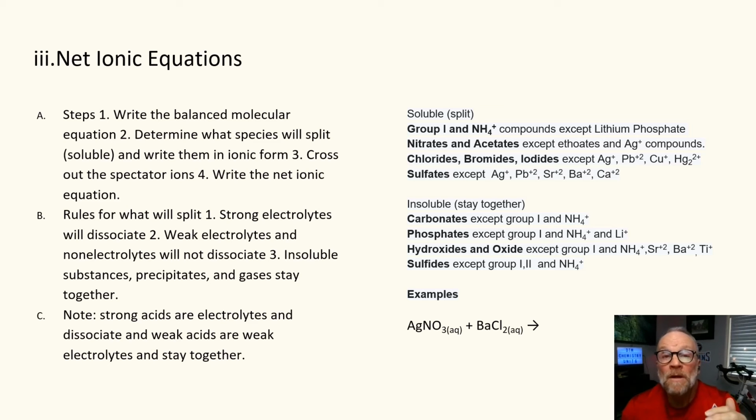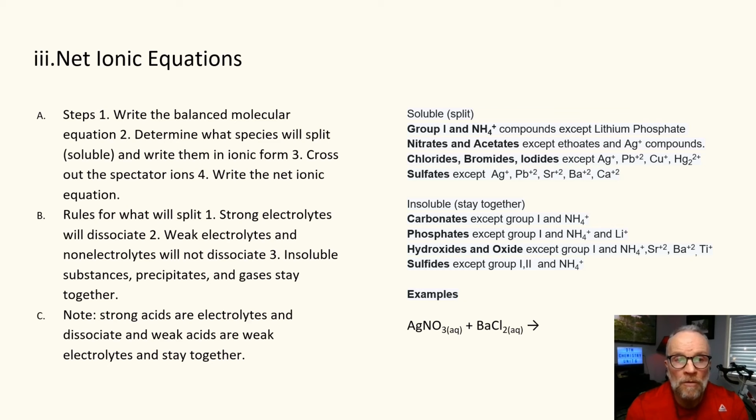And then you balance the equation just like we did before. Then you determine which species will dissociate in the solution, and write them in ionic form. Then you cross out any duplicates, and then you write the net ionic equation.